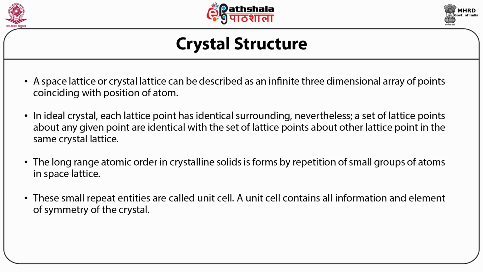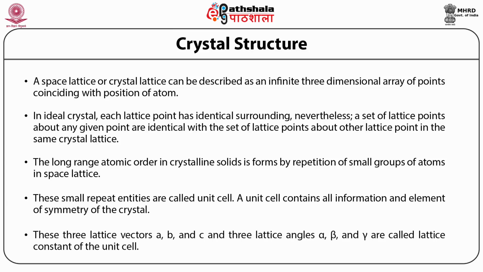The geometry of a unit cell can be described by three lattice vectors, that is, vector A, vector B and vector C, or by the axial lengths a, b and c and interaxial angles alpha, beta and gamma, as shown in figure B. These three lattice vectors and three lattice angles are called the lattice constants of the unit cell.